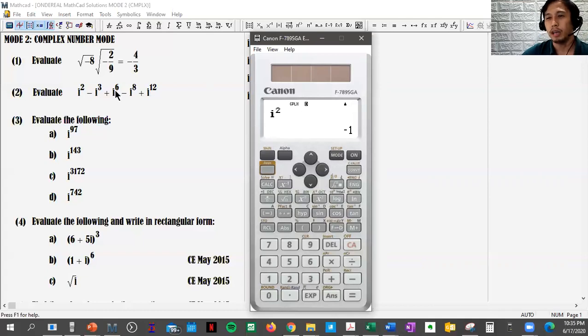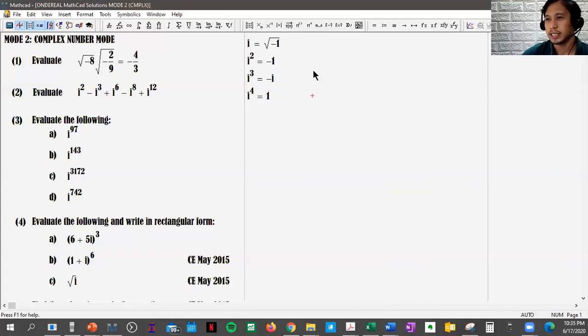So if we are to evaluate I raised to 6, dapat we must write this like this. I raised to 3 times I raised to 3, because we know the product of this is equal to I raised to 6, right? So it's like we are to raise that I cubed to the power of 2. Or pwede you are to evaluate I cubed times I cubed.